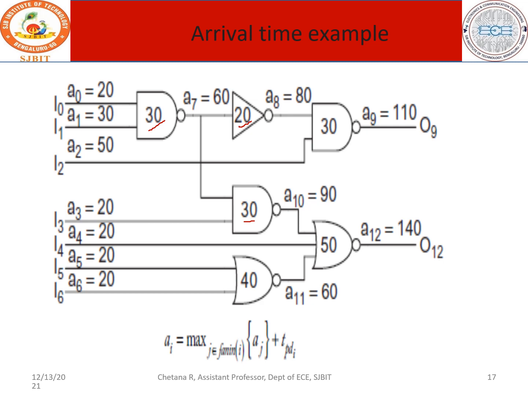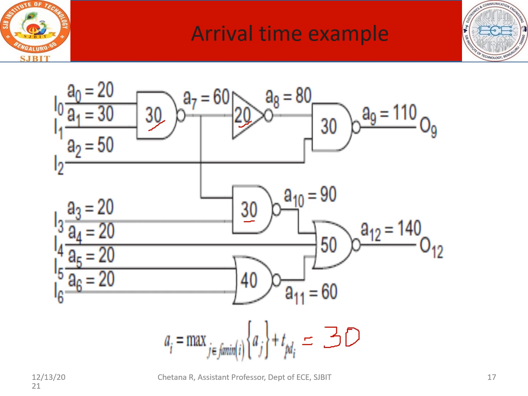Which is the greatest out of 20 and 30? 30. So the maximum of these inputs, 20 and 30, is 30.